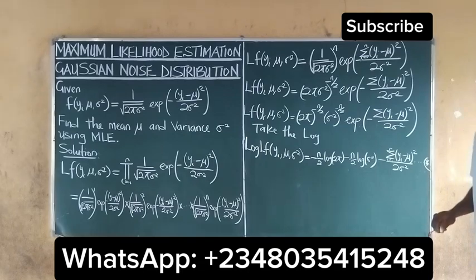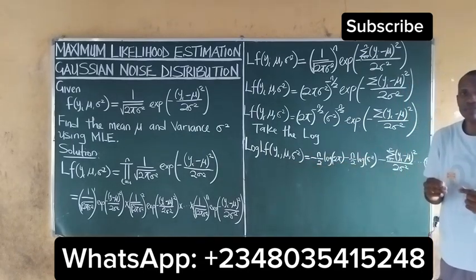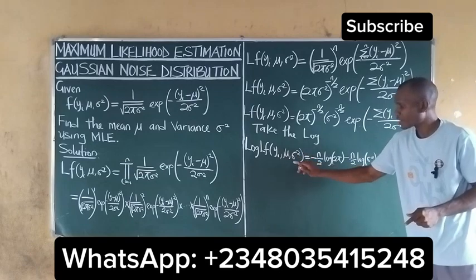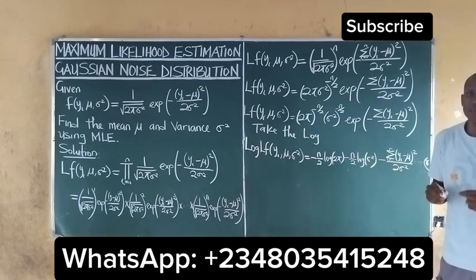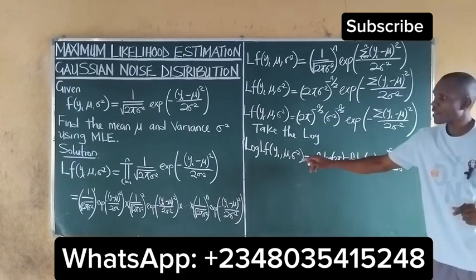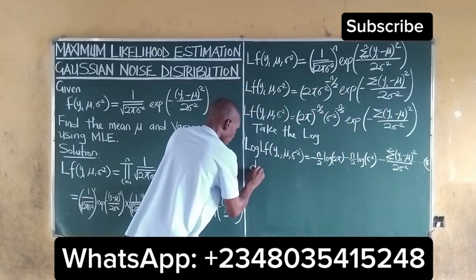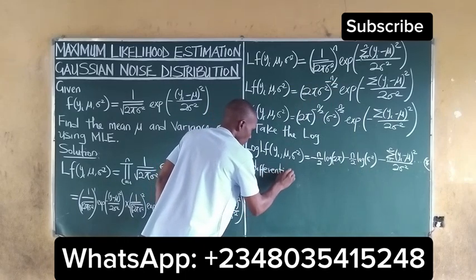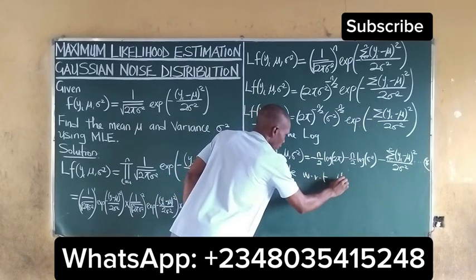The next thing to do is to take the derivative with respect to the mean to get the estimate of our mean. Also, we take the derivative with respect to sigma squared before we can get the estimate of our variance. So we differentiate with respect to the mean.